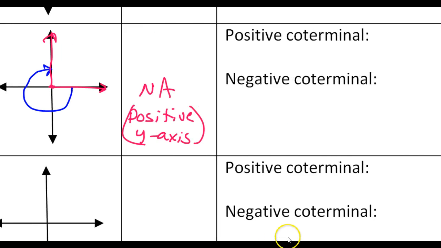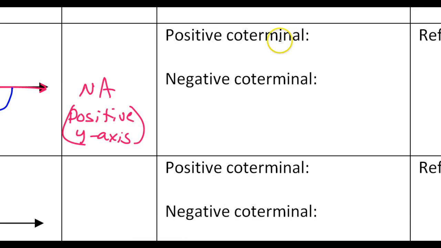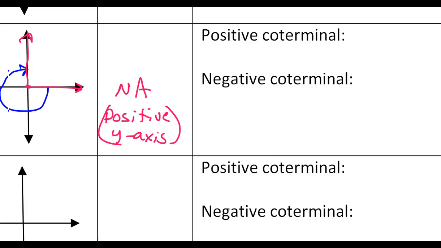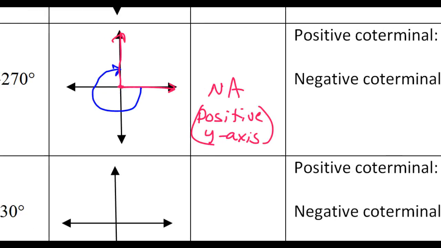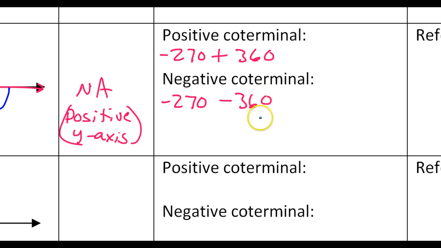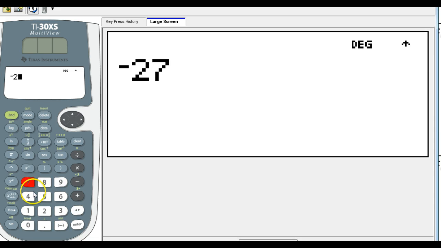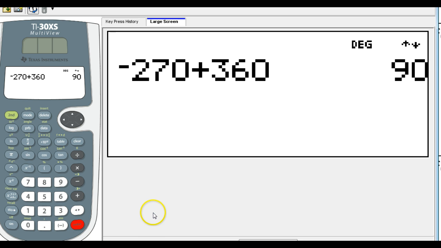Okay, anyway, how about some coterminal angles? Again, to get a positive coterminal, we can add 360. To get a negative coterminal, we will subtract 360. So we're doing negative 270 plus 360, negative 270 minus 360. So that's 90 degrees.